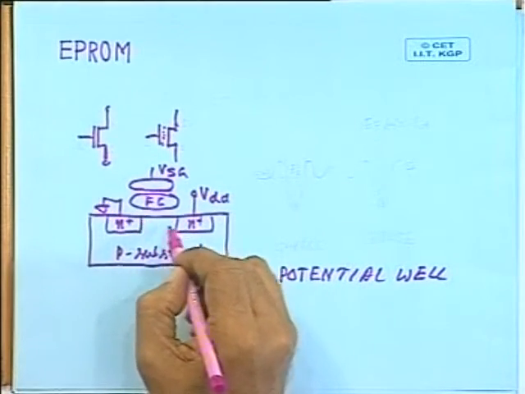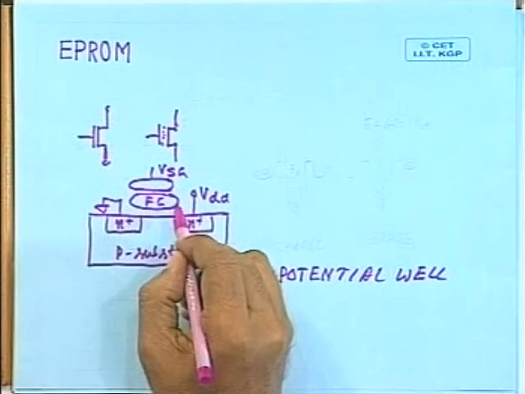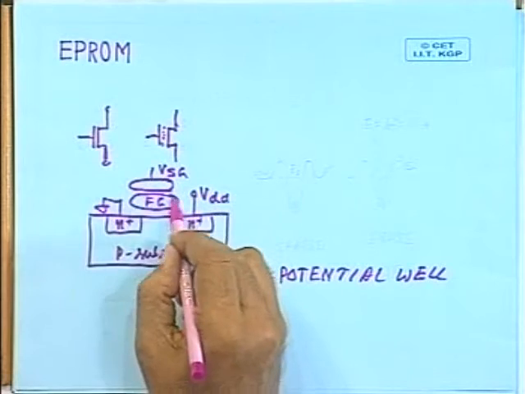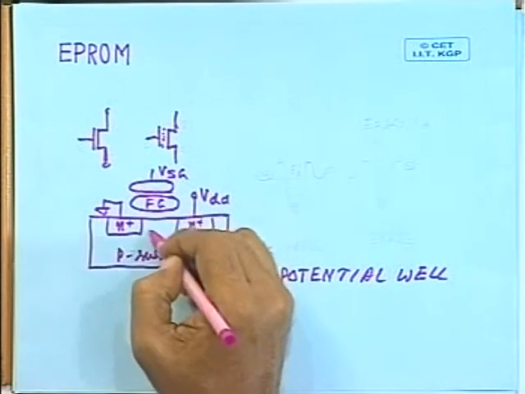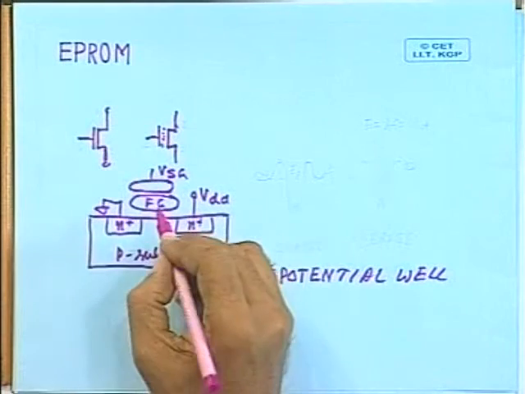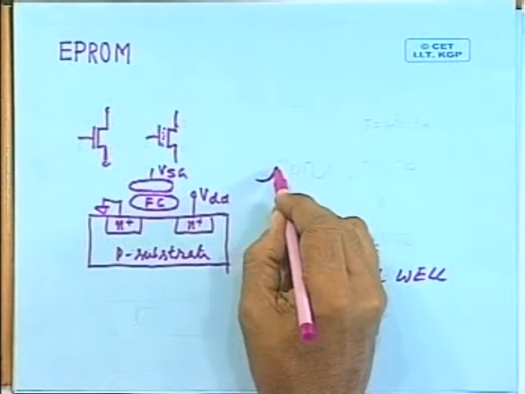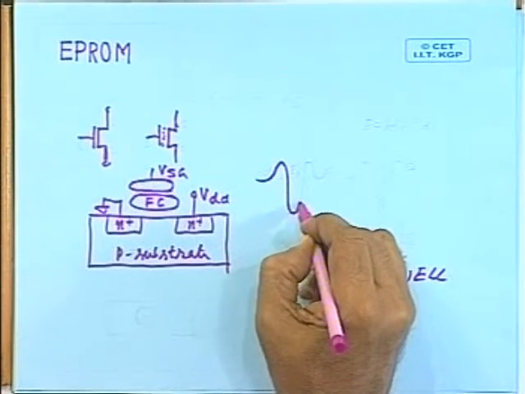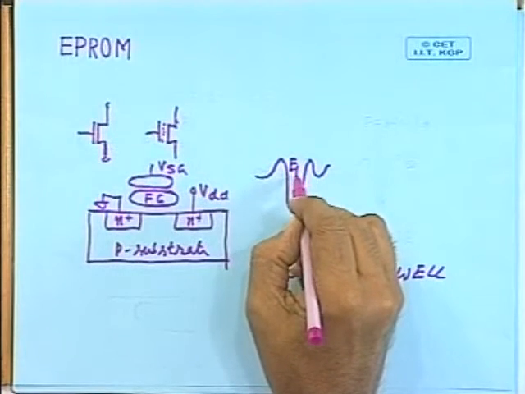Then some channel is created and the transistor is on. But because of the presence of the floating gate in that insulating region, normally by applying a small voltage this transistor will not be on. But the insulation has been done in such a way that this kind of gap is created.